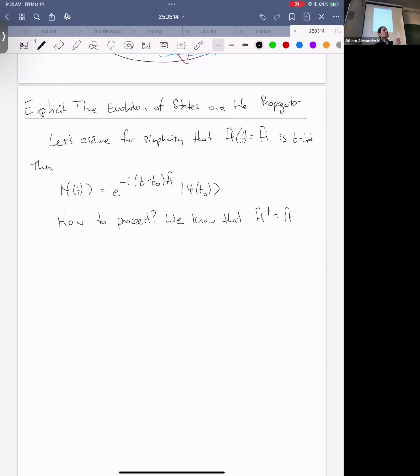You're on the right track, right? We definitely are going to demand that anything that we can observe, the eigenvalues have to be real. So can we observe energy?